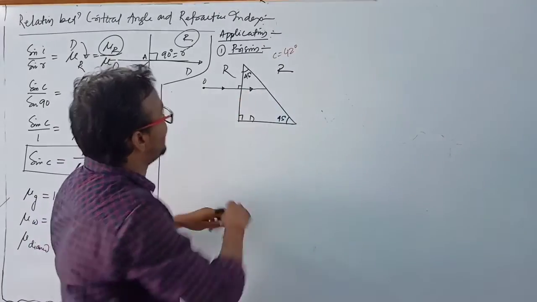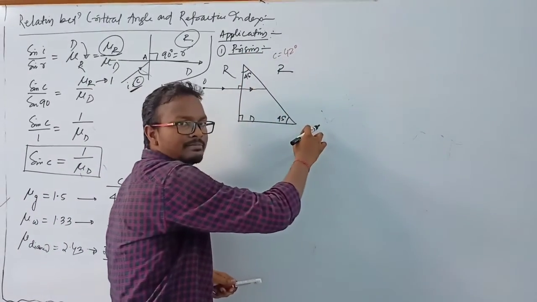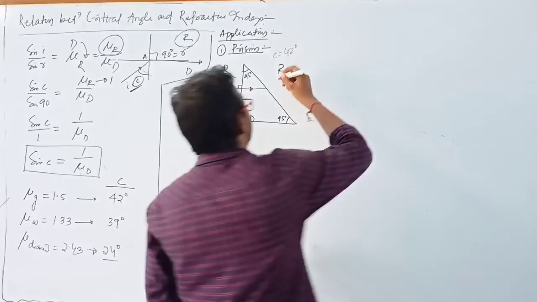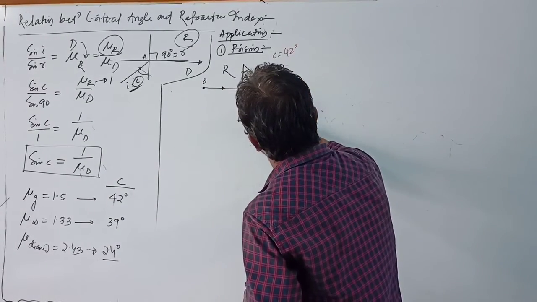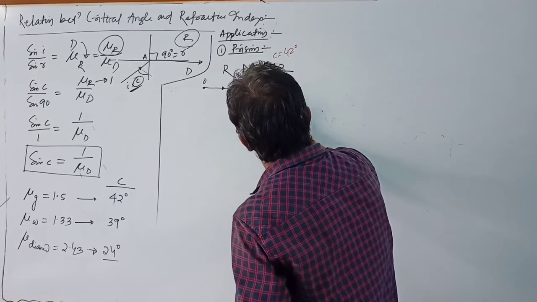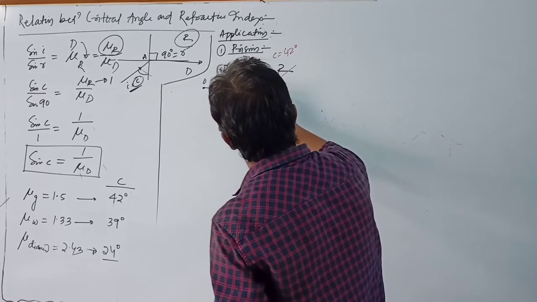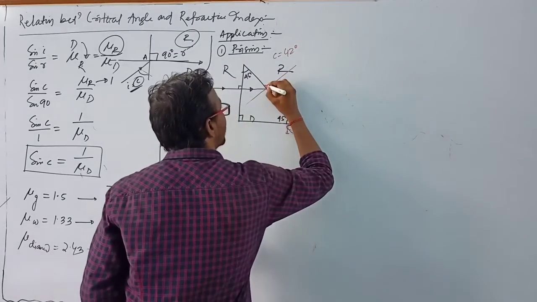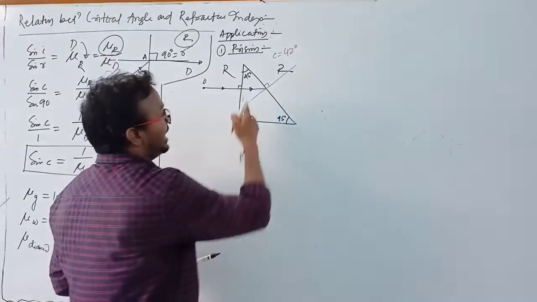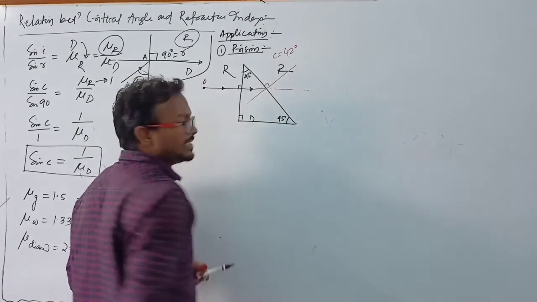Now this is the incident ray for this interface, so we have to draw a normal here. This normal is perpendicular to this interface.